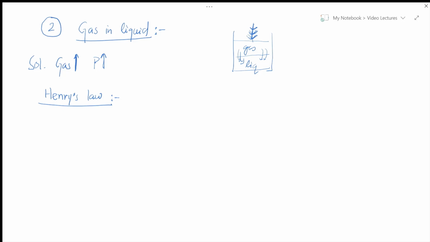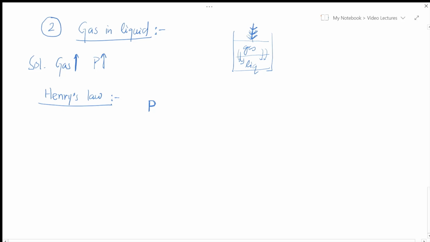Alternatively, we can also say that, in fact, this is how the mathematical expression for Henry's law goes. It states that the mole fraction of the gas in the liquid is directly proportional to pressure exerted by the gas on the liquid surface.